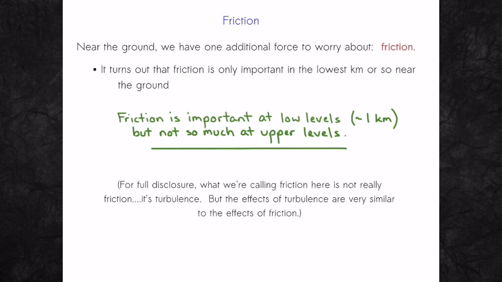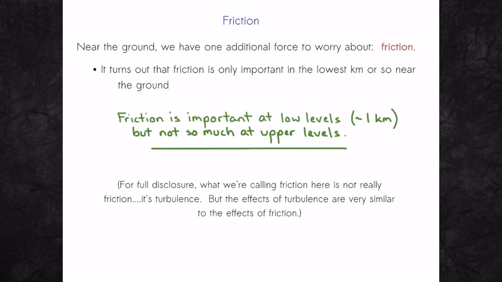Now, I'll note in passing, I actually said this when we listed our forces too, that what we're calling friction here really isn't friction at a fundamental level, like if you are sliding down a slide. The friction associated with the air moving past itself turns out to be pretty small.